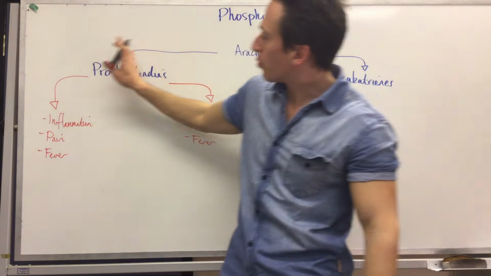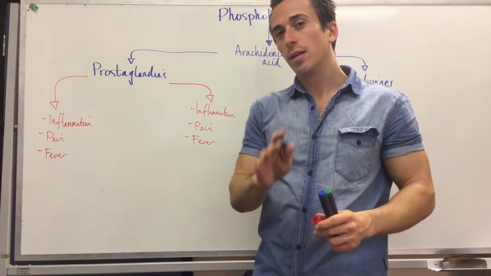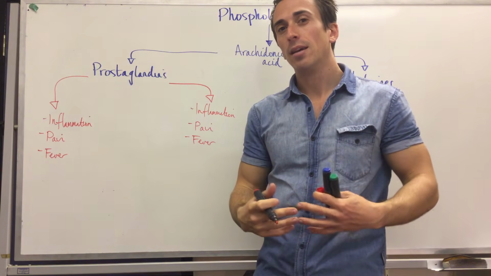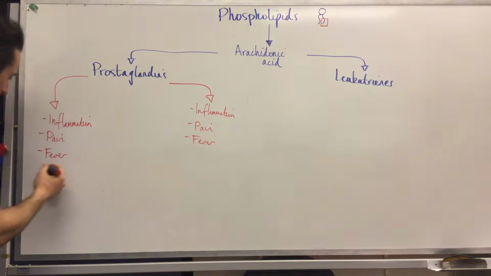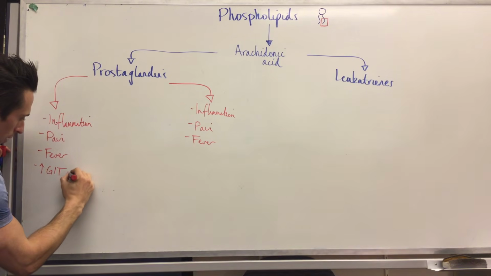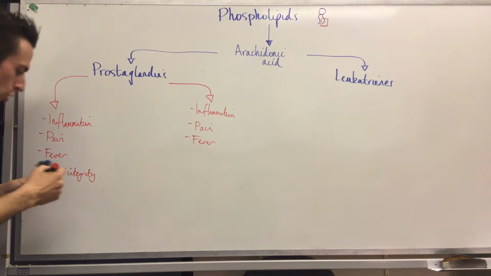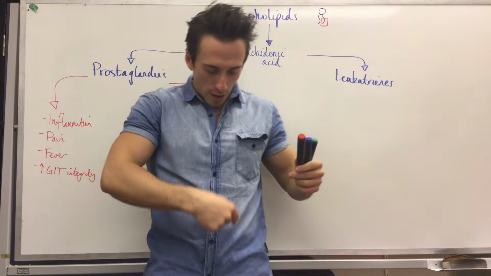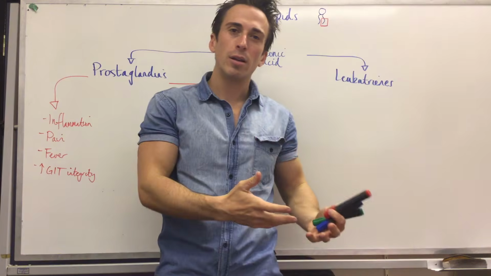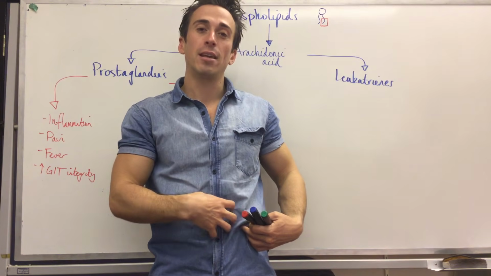So for example, the prostaglandins that we've drawn up on this side of the whiteboard are also involved in maintaining stomach or GIT integrity. So what I can write up here is increased GIT integrity. Now, what am I referring to here? You know that in your stomach, you have a mucus lining, okay? Now this mucus lining has bicarbonate and mucus, and it protects our stomach from the acid that it creates, okay?